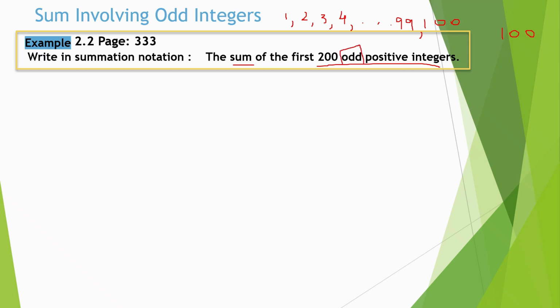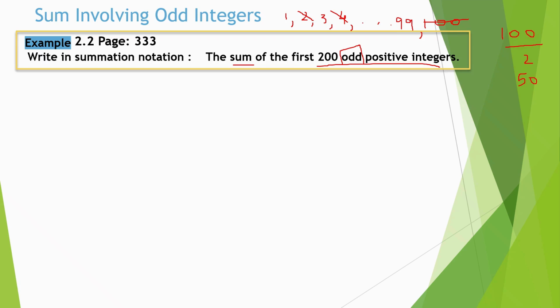So if it is odd, we will cancel out 2, 4, even in between 6, 8, all the even numbers, you will strike it off. So tell me, if there are 100 numbers, how many odd numbers will be there? Exactly half. So divided by 2. So you have 50 odd numbers, isn't it?